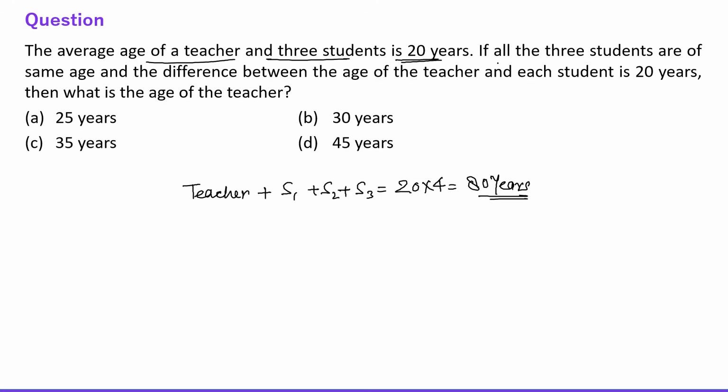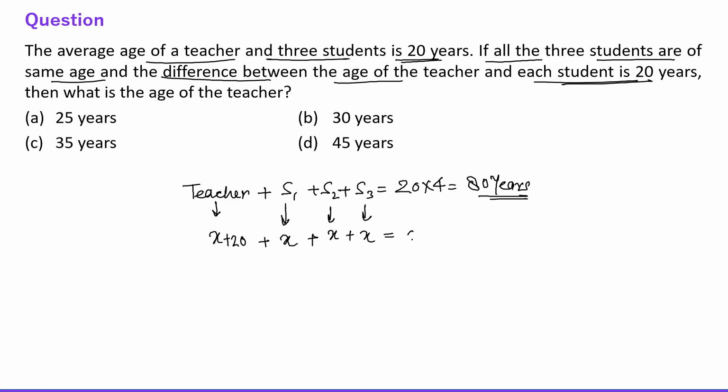After that, the question is saying, if all the 3 students are of same age and the difference between the age of the teacher and each student is 20 years. So let us assume that the age of each student is x, and the teacher's age will be x plus 20 because the difference of the age of teacher and student is 20 years. So this is 80.